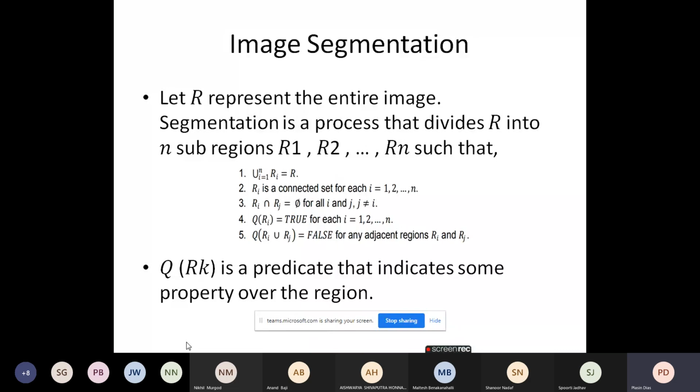Now we are very sure that Ri and Rj, those two regions, are adjacent and must be different in the sense of predicate Q. So these are the conditions related to R when we consider it as the entire spatial region occupied by the image. I hope all 5 conditions are clear. Shall we go ahead?